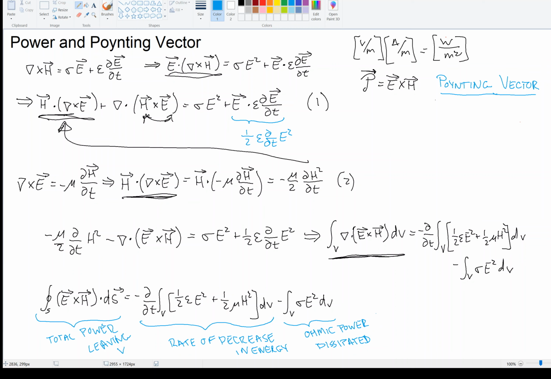But when you take E and cross it with H, you get a direction that is perpendicular to both E and H via the cross product. And so the resultant direction points in the direction of propagation. Remember, the direction of propagation of the EM wave is normal to both E and H. So the reason this is such a cool name is because it points in the direction of propagation.